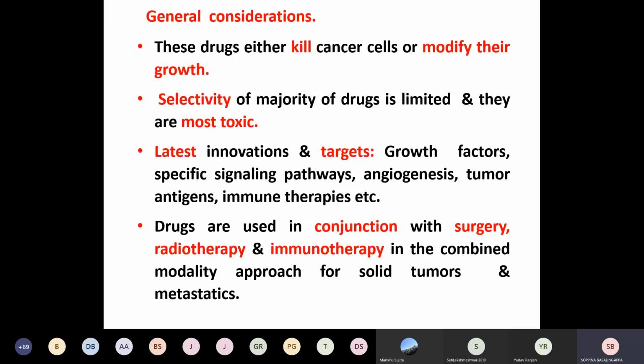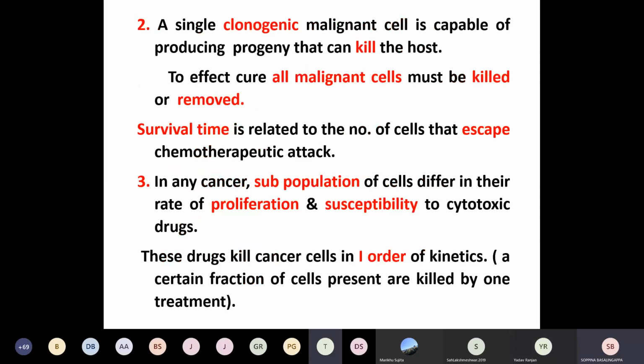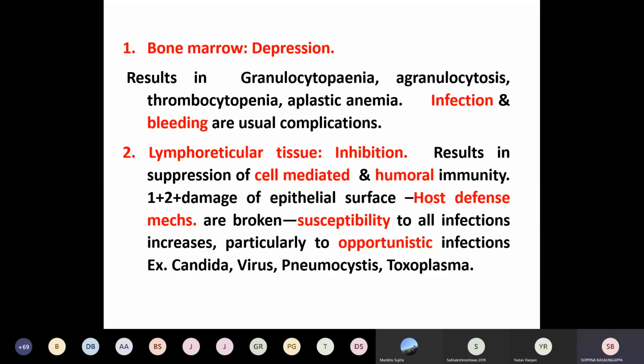Can you see the slides? Yes, sir. There was some technical problem.